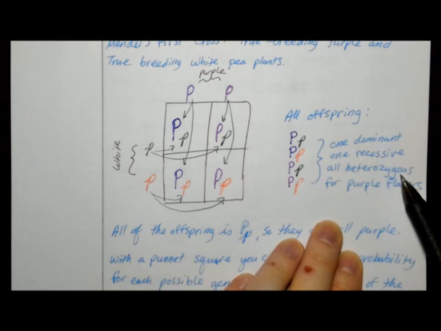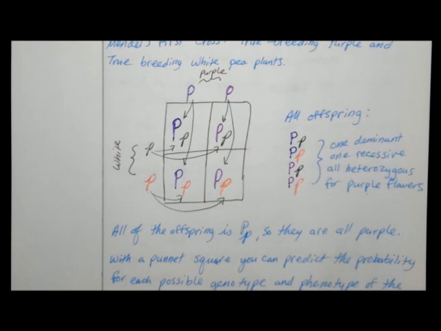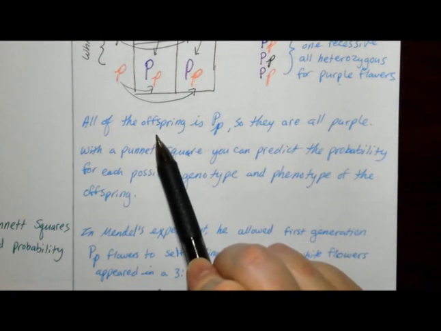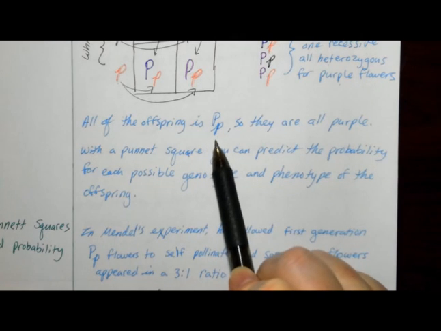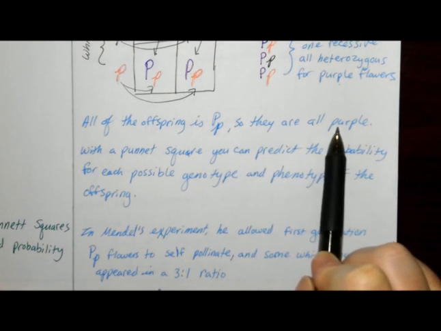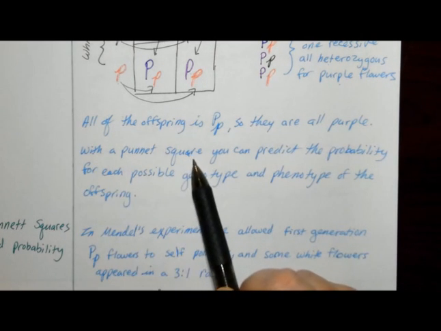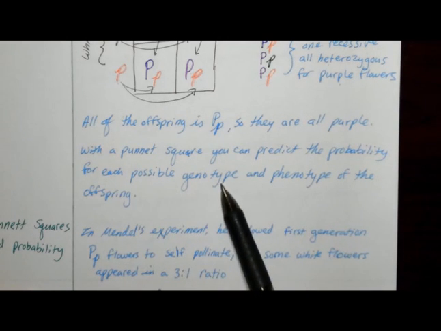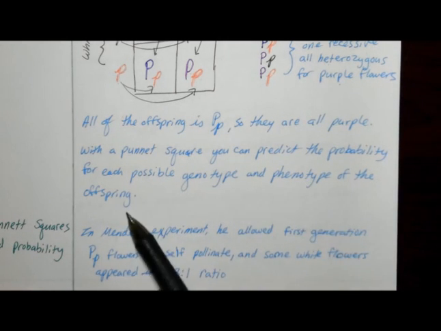So they're heterozygous, but they're going to have purple flowers because purple is dominant. So all of the offspring are capital P, lowercase p. So they are all purple. With a Punnett square, you can predict the probability for each possible genotype and phenotype of the offspring.